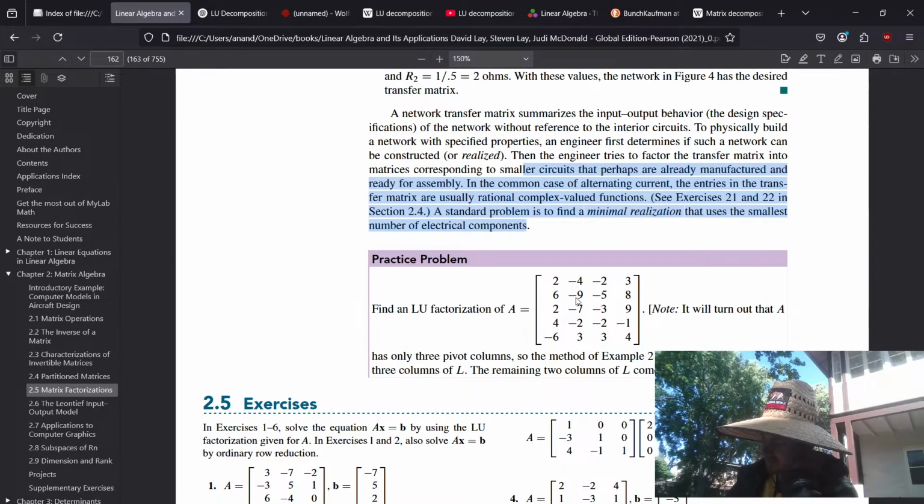So then we're going to get 0, 3, 1, minus 1.